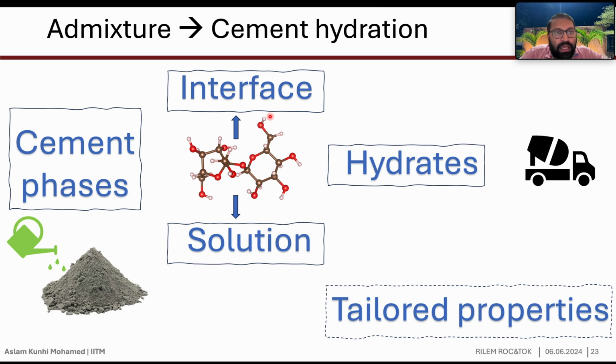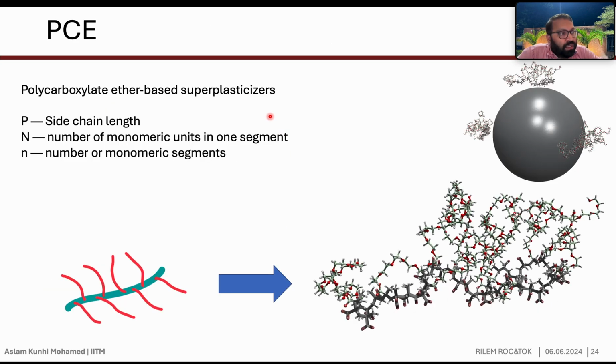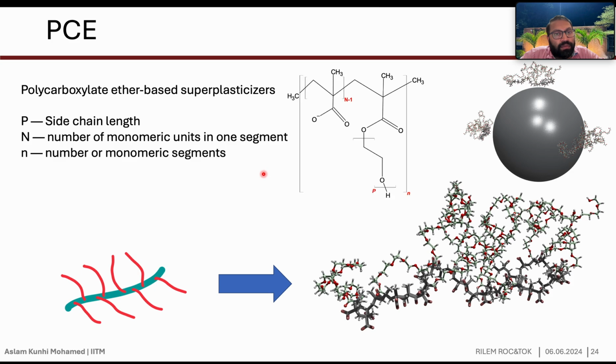This can also be modeled and looked at easily using atomistic level simulations. So here is a polycarboxylate ether based superplasticizer. It's a chemical notation. You have P number of side chain length.